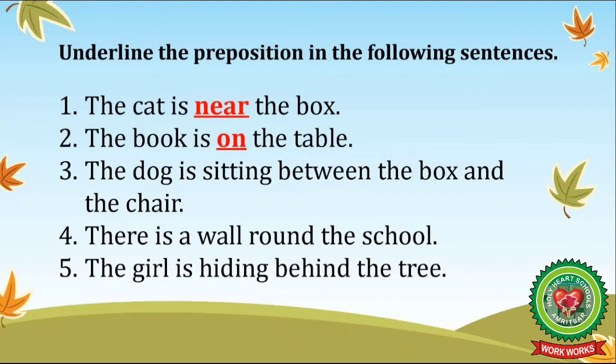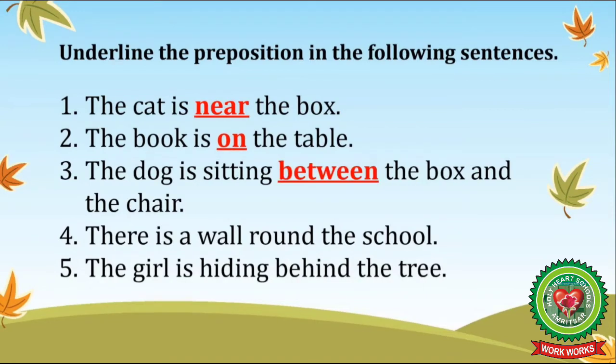Number 3. The dog is sitting between the box and the chair. Now let's check the answer. Between, as the word between tells us the position of the dog, therefore it is a preposition. Number 4. There is a wall round the school. Let's check the answer.